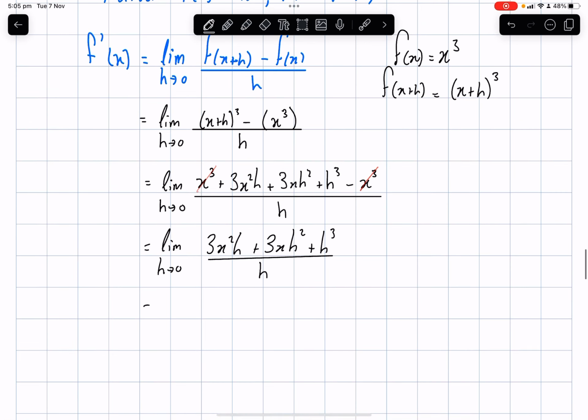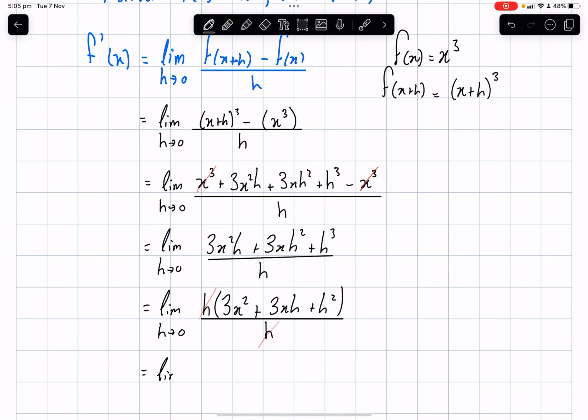And what that means is we can take out h as a common factor on the top. So h, the first term I'm left with 3x squared, then I'm left with 3xh plus h squared, all over still h. Now I've got h on the top, h on the bottom, they cancel out.